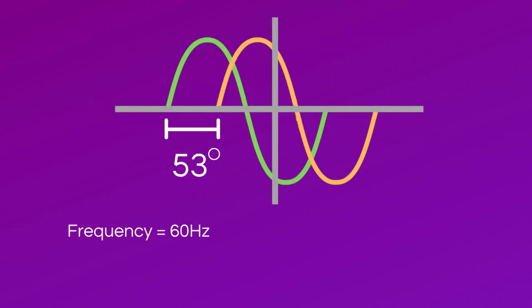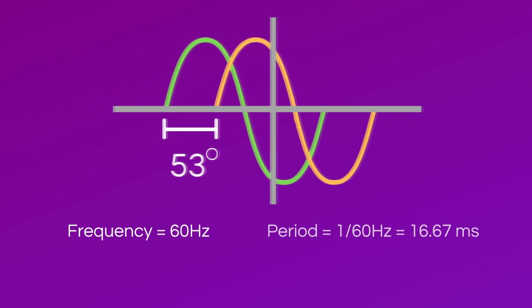Let's understand this practically. AC voltage is given in terms of frequency, and for this circuit, it's at 60 hertz. The period, or the time it takes a voltage to complete one cycle, is 1 over the frequency, or in this example, 1 over 60 hertz, which is equal to 16.67 milliseconds.